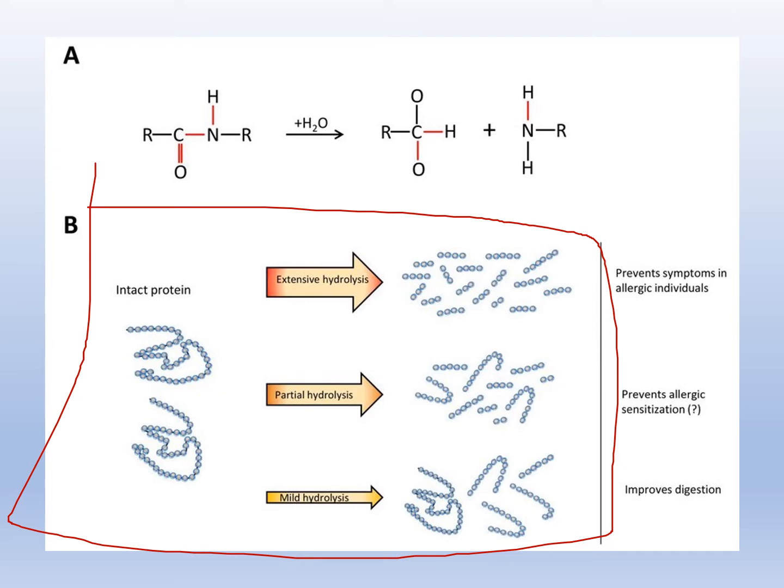For example, this would be your proteins. And depending on the type of protein hydrolysis, or the method that we use, we would be able to get different types of products.